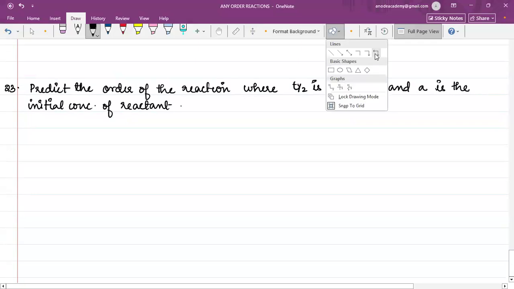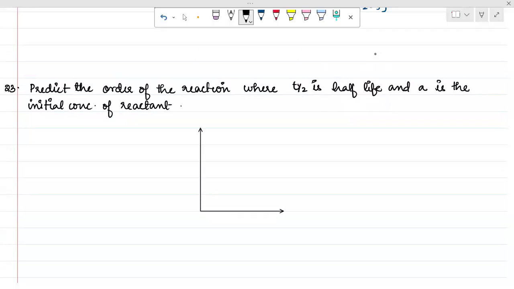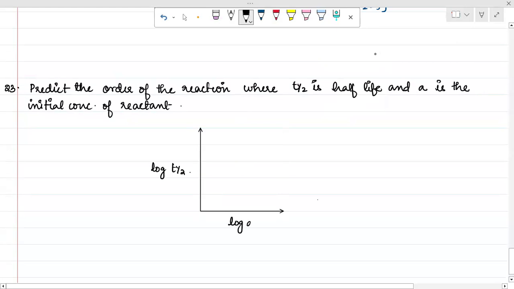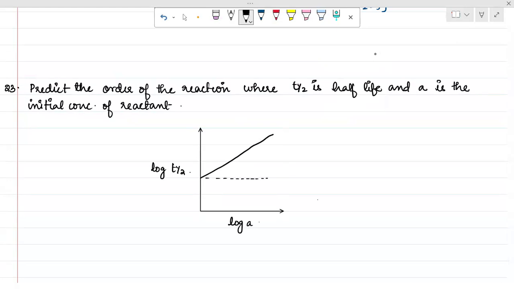So the graph given is log T half against log A, and you have a straight line. It is given that if you draw a line parallel to the x-axis, this angle is theta, which is equal to 45 degrees.